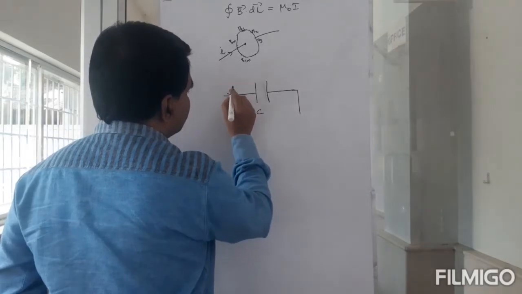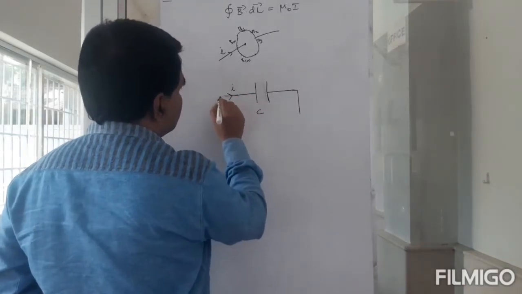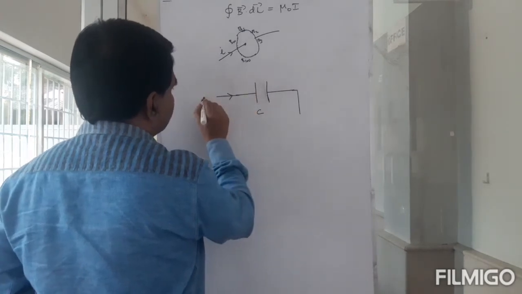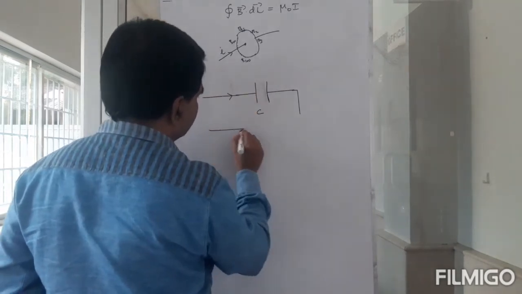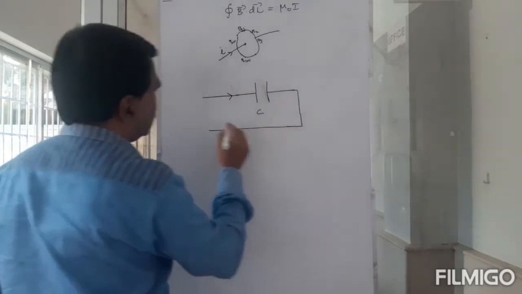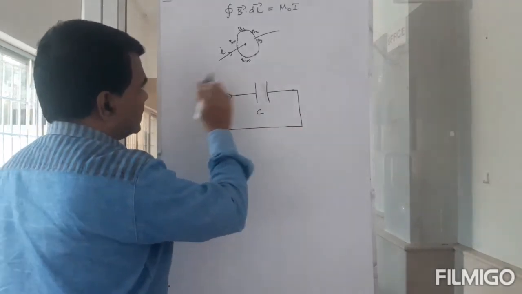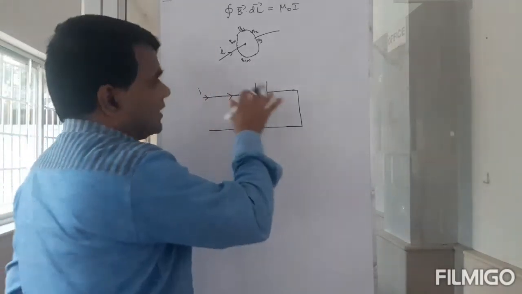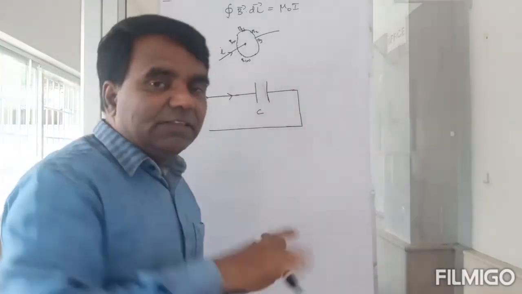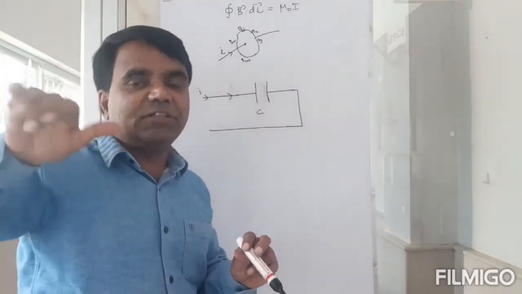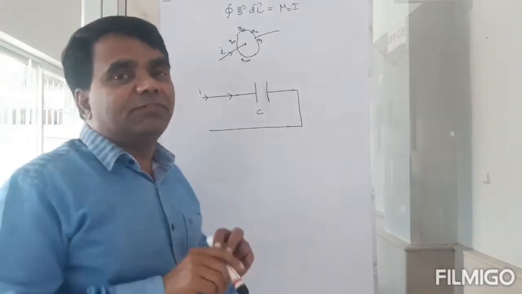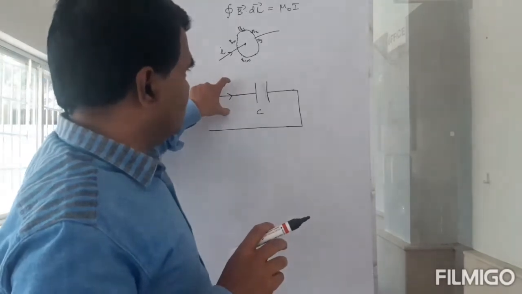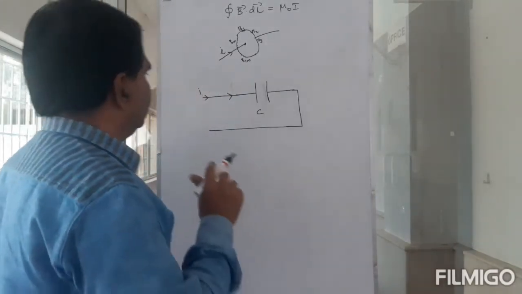So current I is flowing through this wire. Since the current is flowing through this wire as it is charging, then there must be a magnetic field, right? Because there is a current. For the current, you must have a magnetic field. So I must be able to use the Ampere law for this.